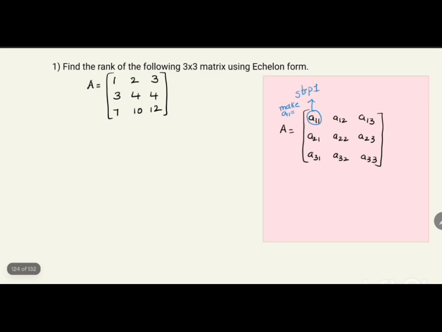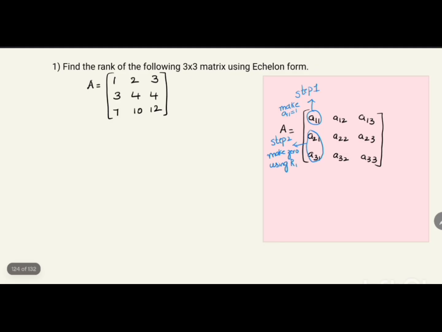After that, we have to make the elements below A11, that is A21 and A31, 0, making use of the first row, R1. This is step 2: make these elements 0 using R1.